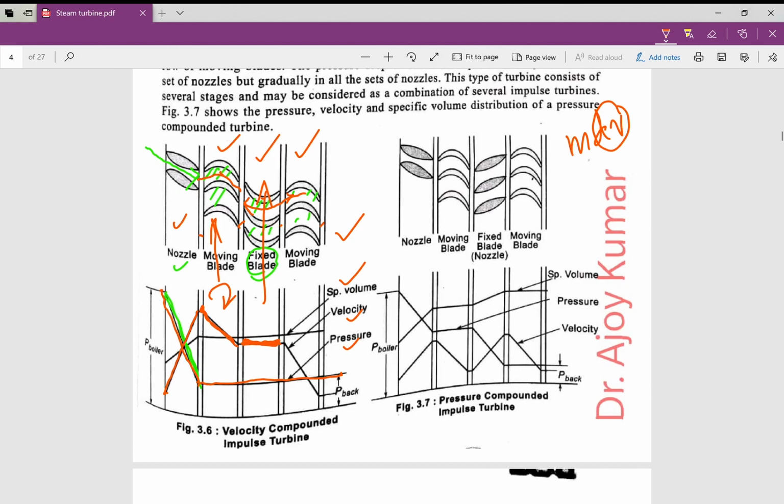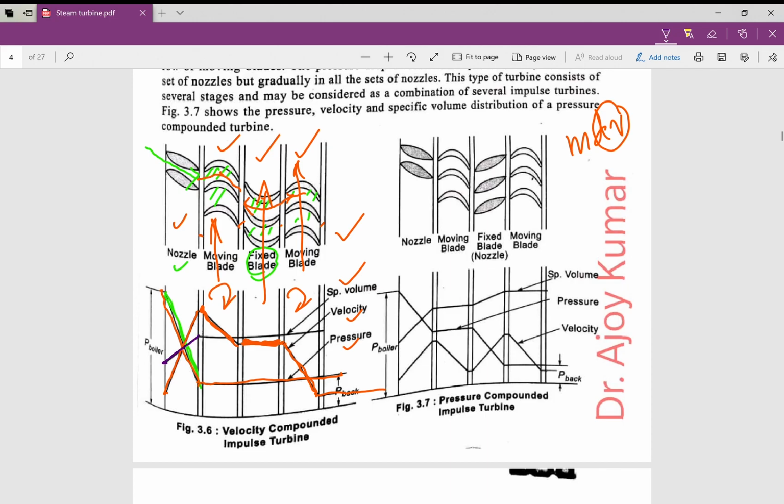Again, when it enters the next set of moving blade, it produces power, it rotates, and henceforth we get a decrease in velocity over here, and then finally with this exhaust velocity it goes out. Now the third one is about specific volume. A specific volume line is drawn over here. The specific volume, first steam enters into the nozzle.